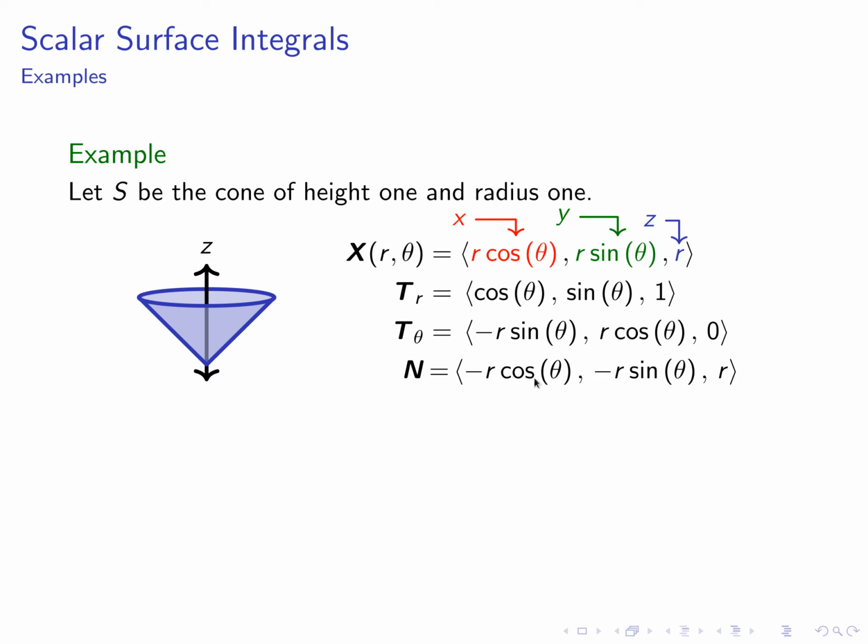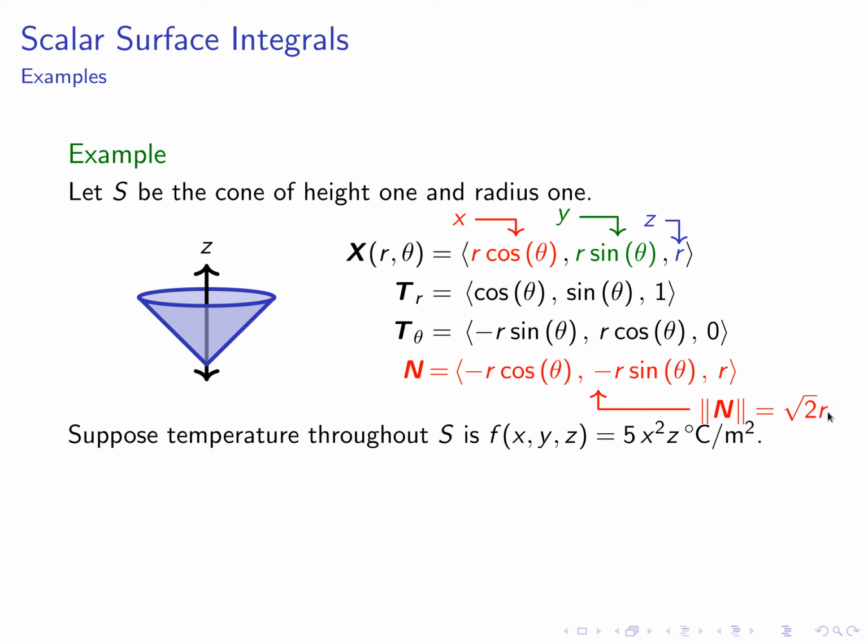So in this case, we want to calculate the length of our standard normal. We're summing the squares of the coordinates and taking a square root. Well, here this ends up simplifying to the square root of 2 multiplied by r. Okay, so now we've successfully parameterized our surface and calculated the length of the standard normal vector of our parameterization.